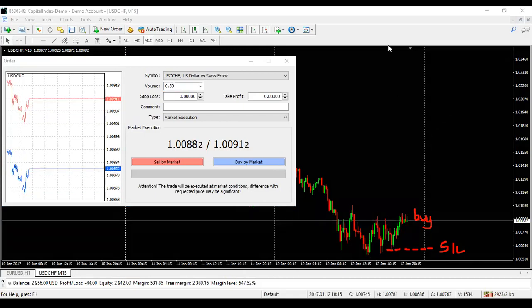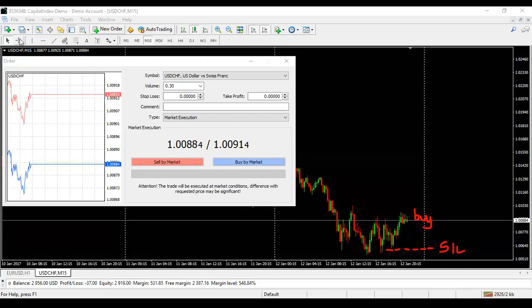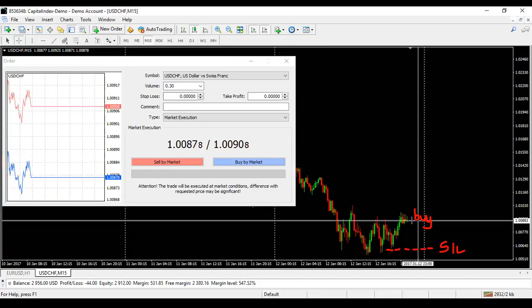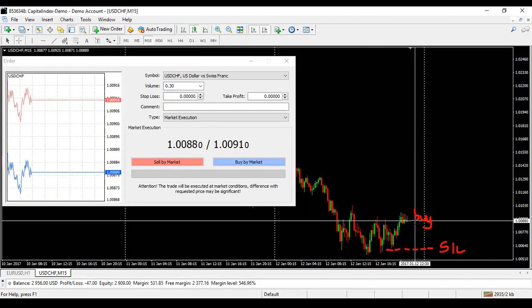So what I would do is I would take my crosshair right there. Remember I showed you how to calculate the pips? Okay, so you take the crosshair, you put it exactly where the price is now, hold it down, and then you drag it all the way down to that dashed line. Okay, so that's 27 pips, right?